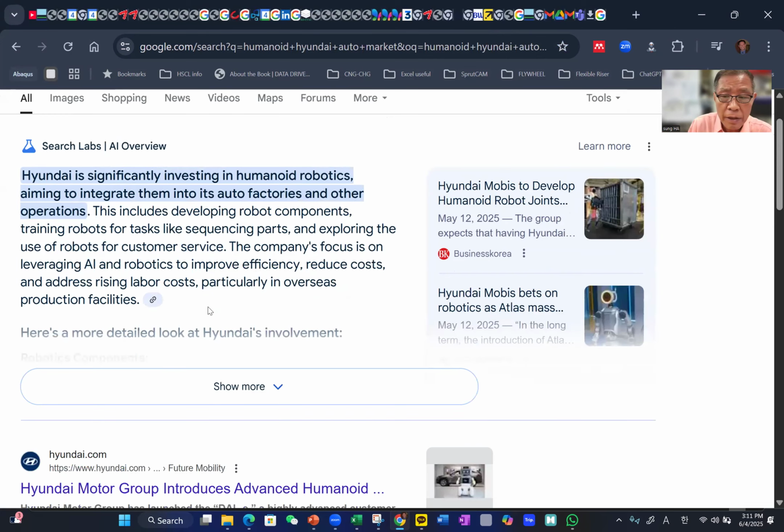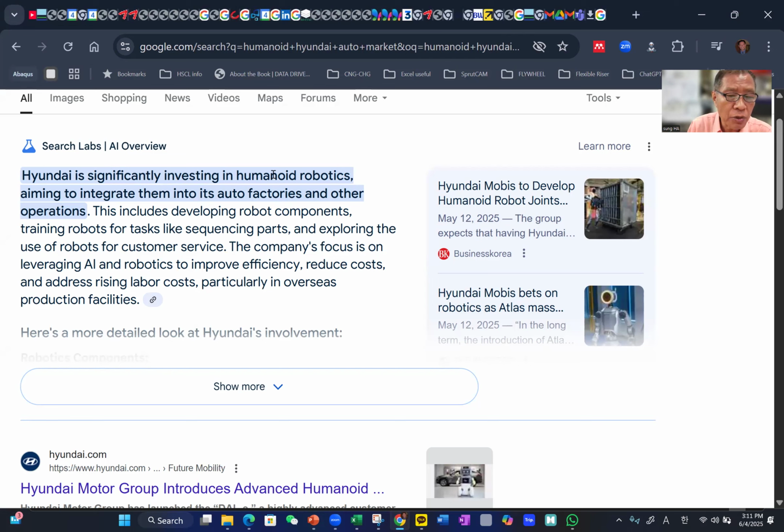Well, as you already know, Hyundai Motor is significantly investing in humanoid robotics. There are two purposes. The humanoids themselves will be applied to many different industries. And the second reason is that they would like to use humanoid robotics for their auto factory assembly line.